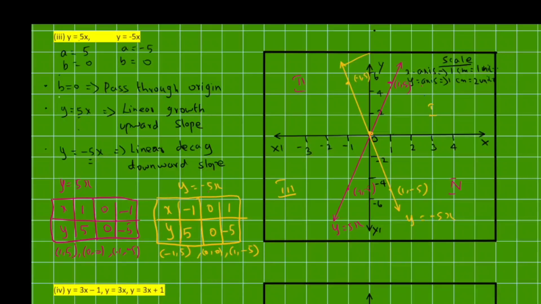So both the lines are in different directions. That is another observation we can make. Both lines have the same slope: one is an upward slope, another is a downward slope, but in different directions.